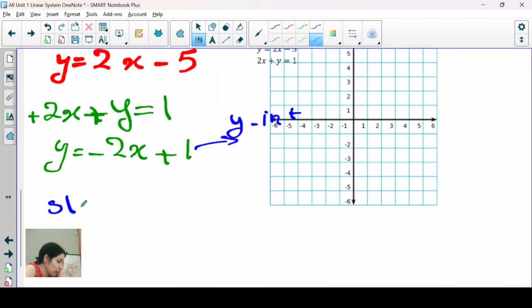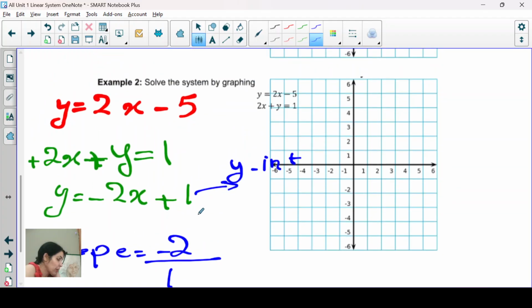The slope equals negative 2. You know that negative 2 is negative 2 over 1. The y-intercept is 1, this point, and from this point go down 2, run 1. These 2 points.